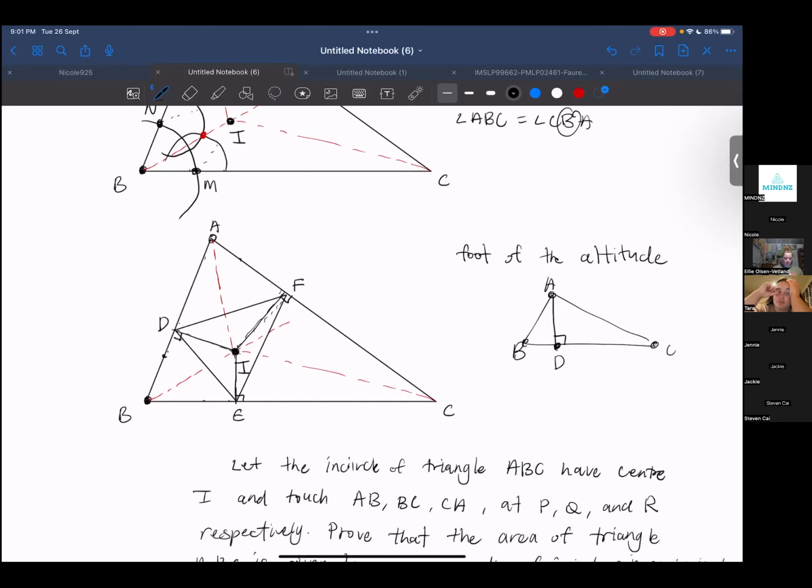What's really cool now is that I is the circumcenter of this little triangle. So what that means is the circle centered at I will pass through all of these.